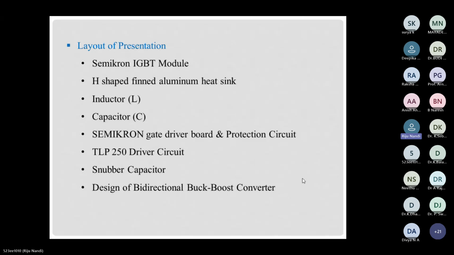I have designed the inductor with a current rating of more than 20 ampere. Then the capacitor, then the Semikron gate driver board and protection circuit that protect and drive the IGBT module. Also the TLP250 driver circuit, and the snubber circuit for the protection of the switch.